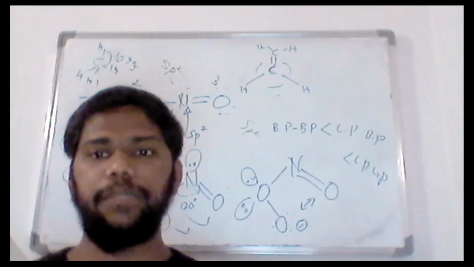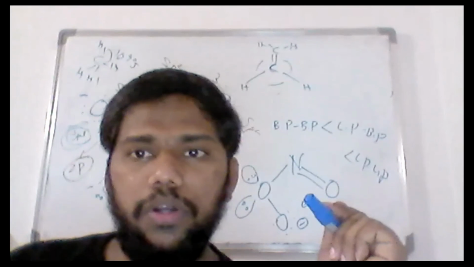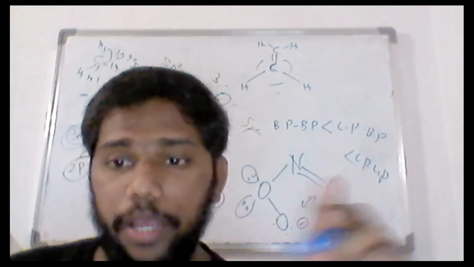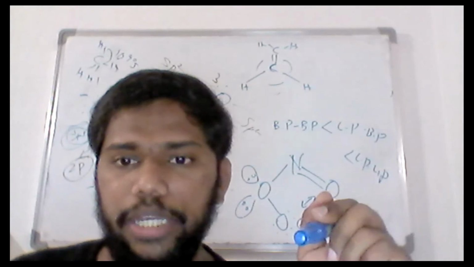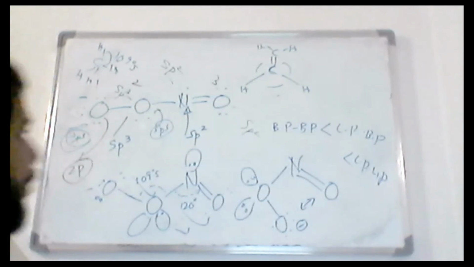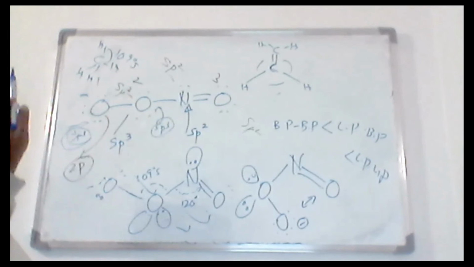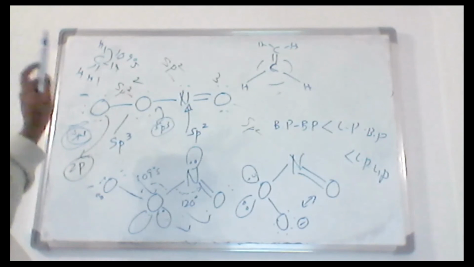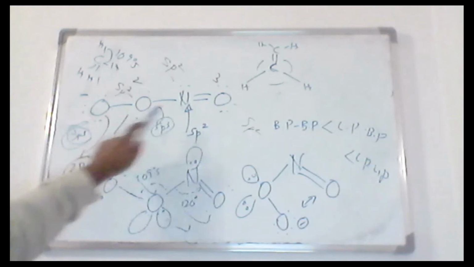Okay, so I hope I answered your question. And the next one is the hybridization between O2 and nitrogen. So where is O2 now? In our structure, the second oxygen is this one, and nitrogen.